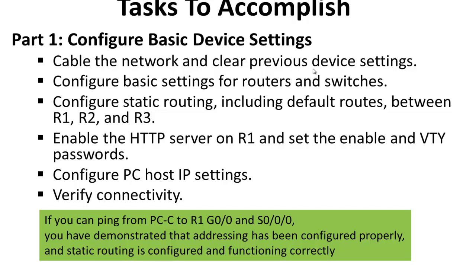And then put the IP settings for each router and switch and the host computers. And we will enable HTTP server on R1 and enable VTY line passwords. And finally, we will verify connectivity between routers. So this will be part 1.